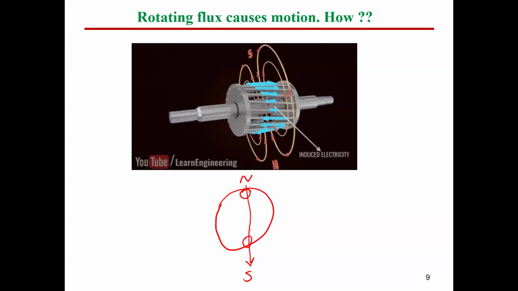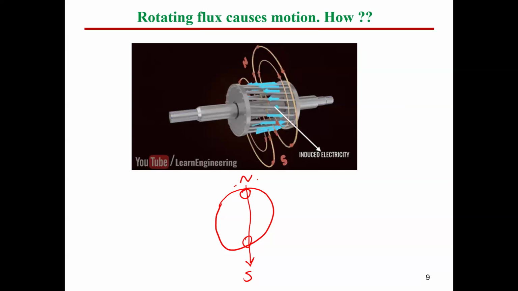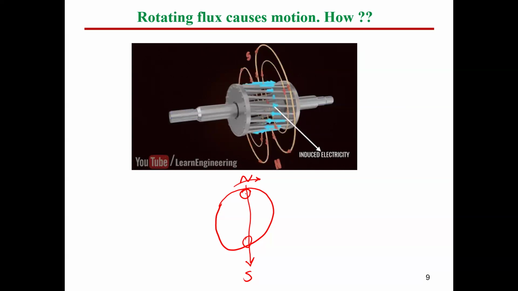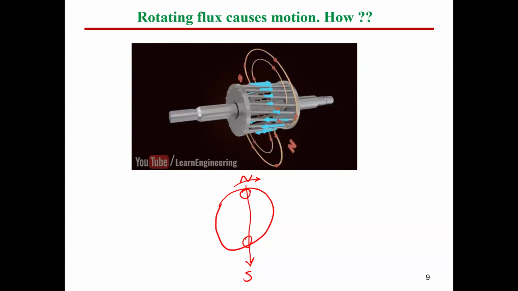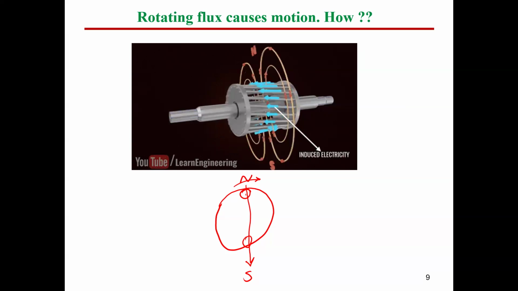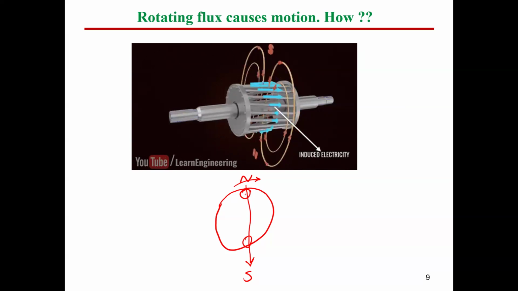Now, when the magnetic field, this line N and S, is rotating like that, what will happen to the conductors? The conductors will see a magnetic field cutting this conductor, which means it will induce an EMF on this conductor.